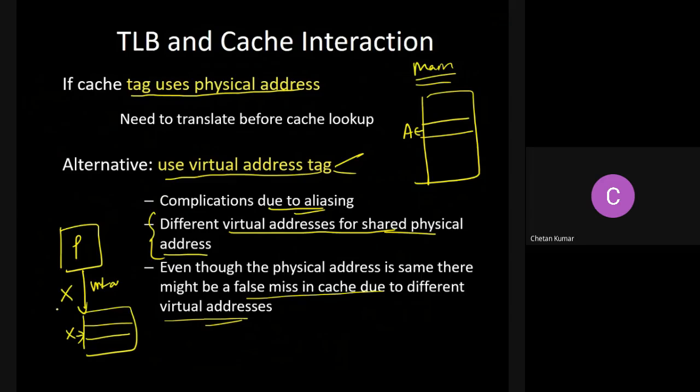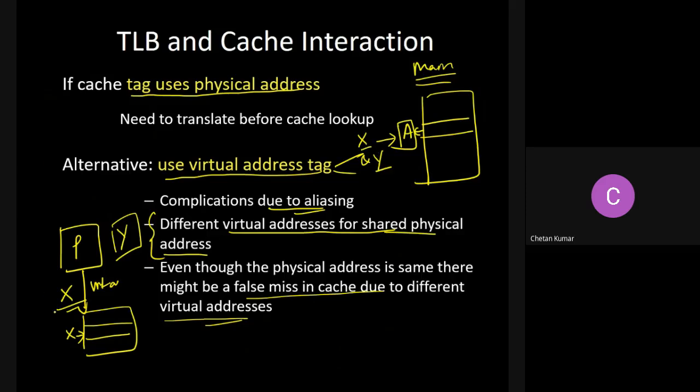Now, if there is another program using the same location, the virtual address in that case is, let's say, Y. Since the memory is shared, X and Y are mapping to the same physical address, because it's shared between two programs. The same physical address is pointed to by two virtual addresses.